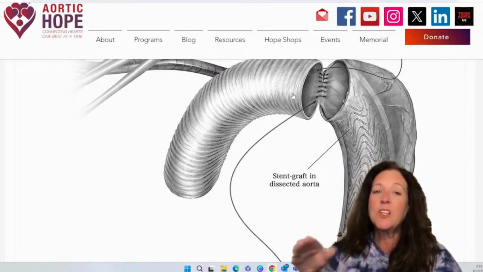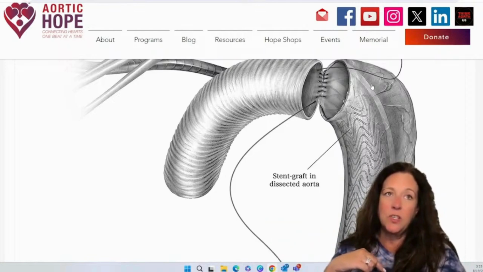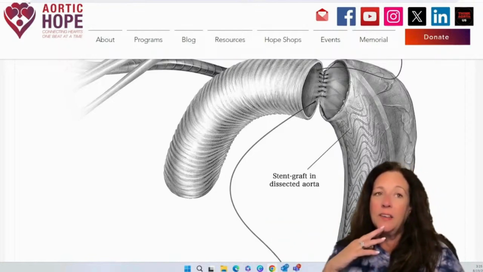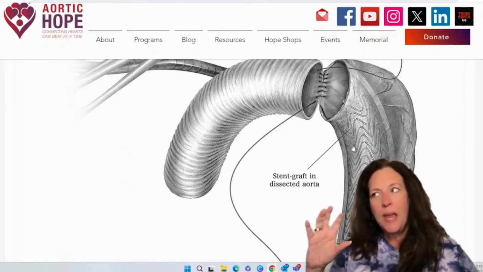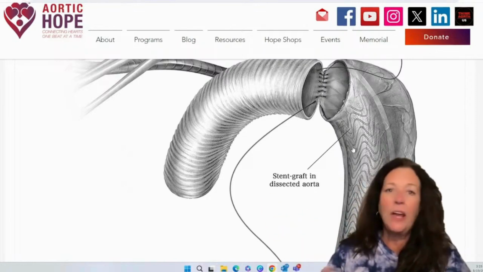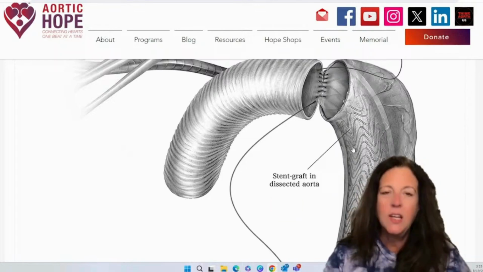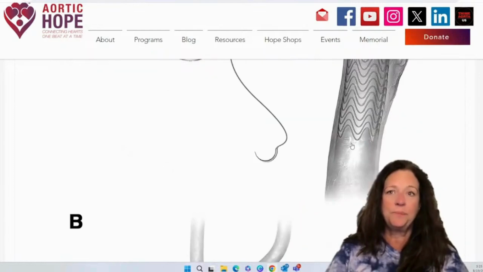This is attached to your aorta. This is put inside the aorta because you can see it's dissected. And this is opening up the true lumen, or the true area of that vessel where the blood is actually flowing. It's not opening up the fake one, or the false. It's opening up the true so that the blood is flowing more easily.